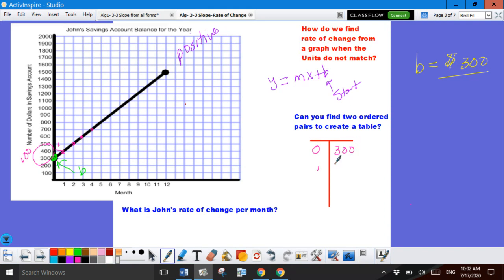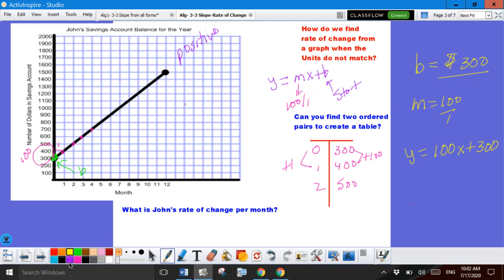I have 1 and 400. I have 2 and 500. I can see this is a consistent pattern. So I know that my slope has to be 100 over 1. So the equation would be y equals 100x plus 300.